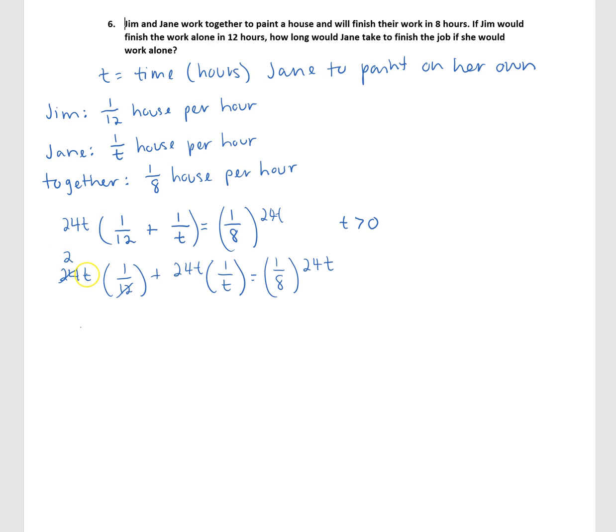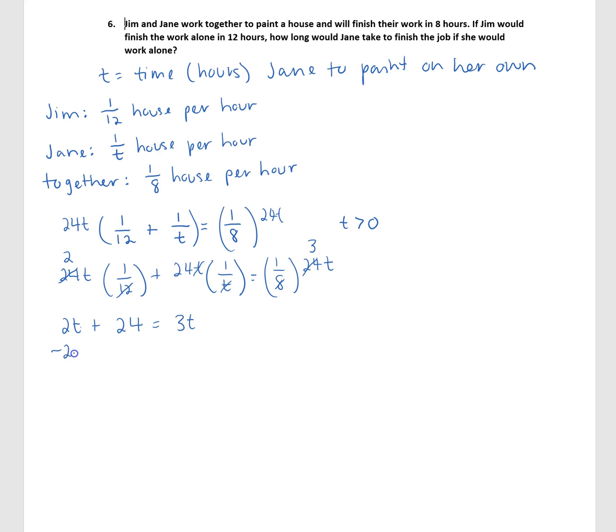So we have 2 times t times 1, so that's just 2t. For this term, t goes into 24t once, so the t's cancel out. We have 24 times 1, so just 24. In this term, 8 goes into 24 3 times, so it simplifies to 3. We have 3 times t times 1, so just 3t.